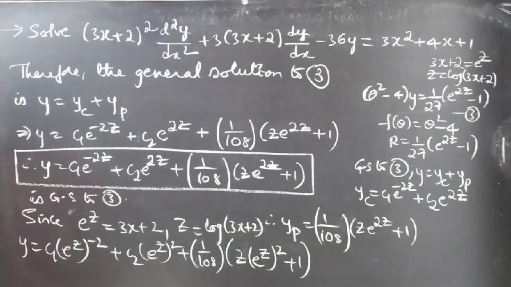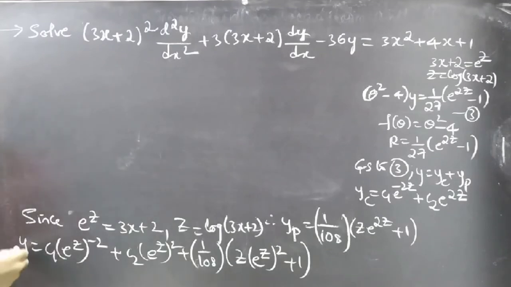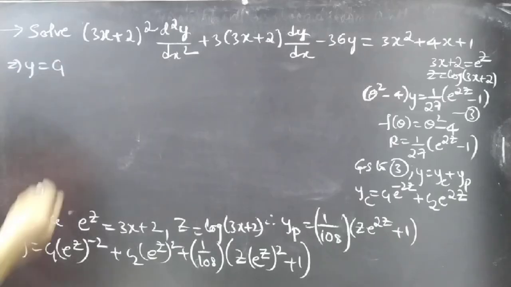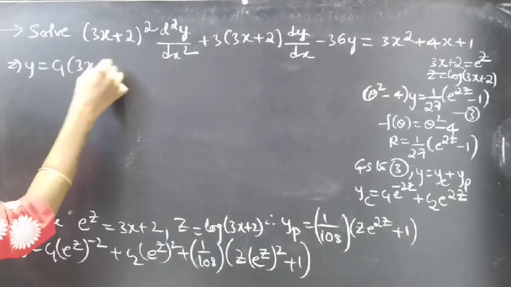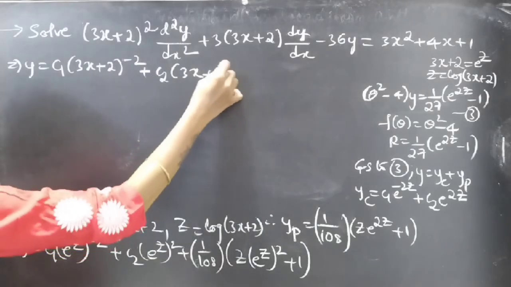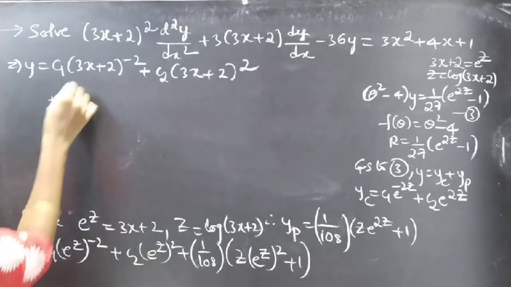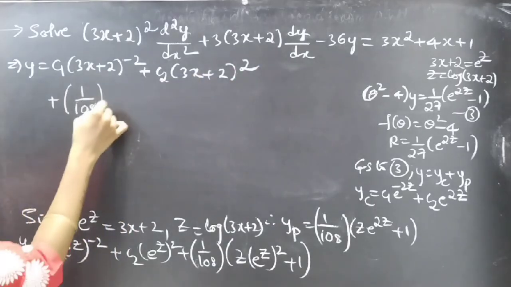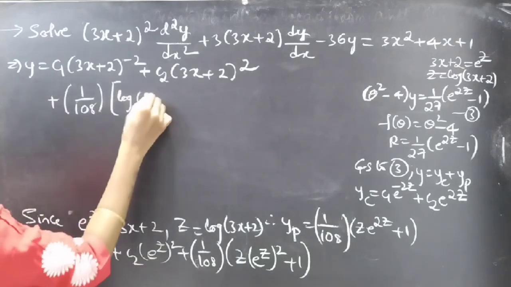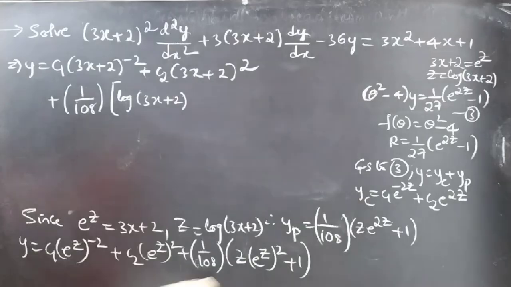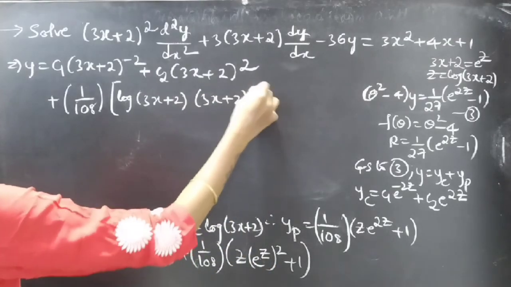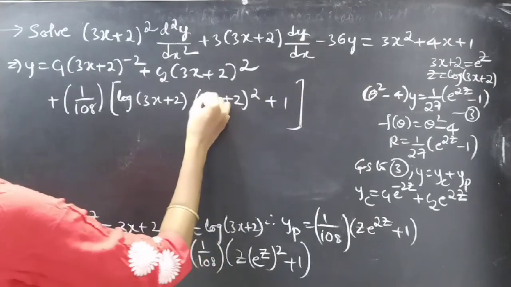This becomes y equal to c1, replace e power z by 3x plus 2, you'll get 3x plus 2 power minus 2 plus c2 into 3x plus 2 whole square plus 1 by 108 into log of 3x plus 2 into 3x plus 2 whole square plus 1.